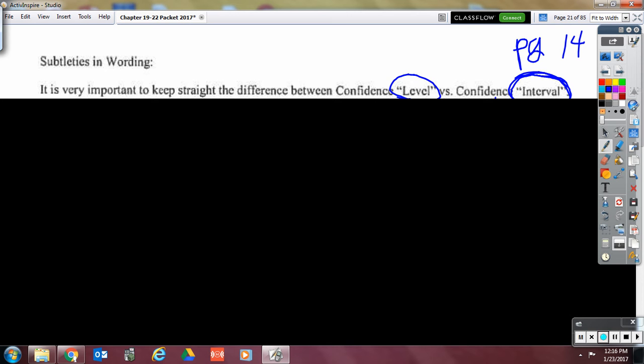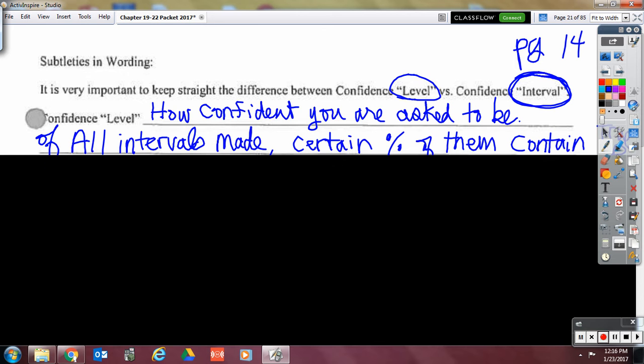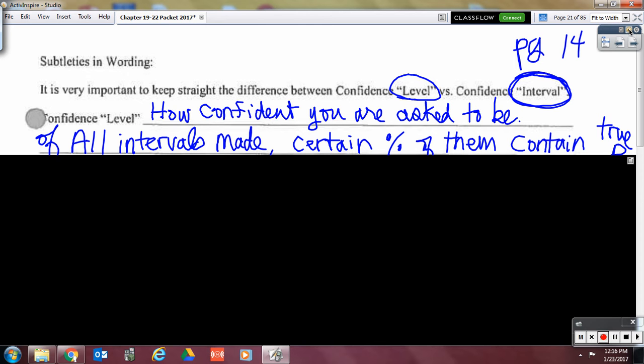So here we go. First thing, when we talk about the confidence level, of course we know that it references how confident you are asked to be. But it also has to do with, of all of the intervals that are made, the proportion of those intervals that contain the true parameter.